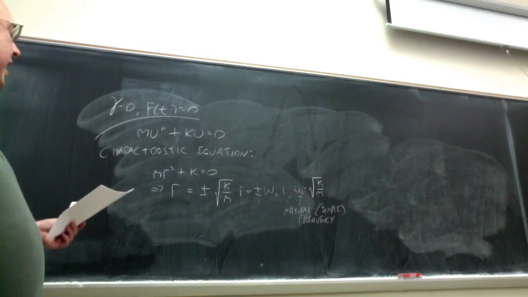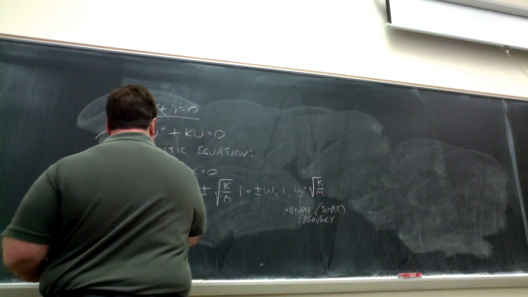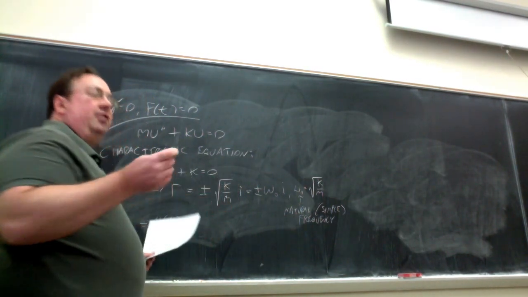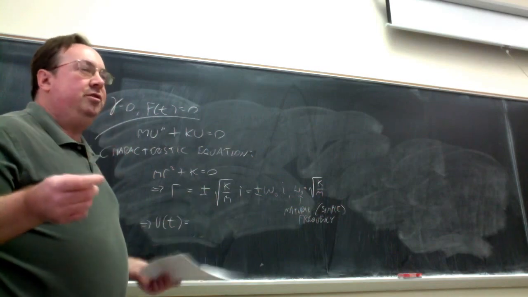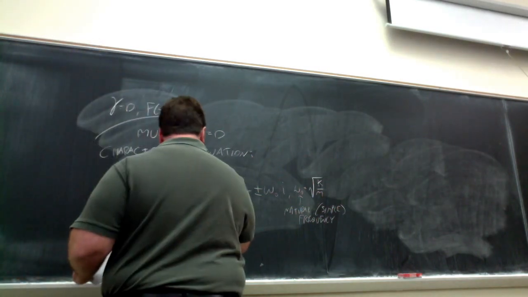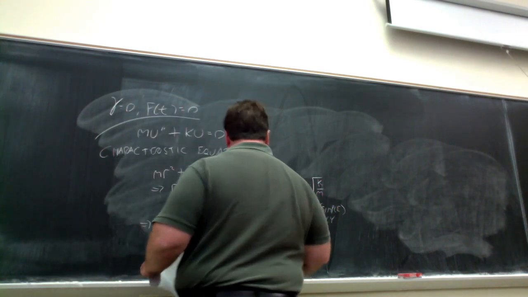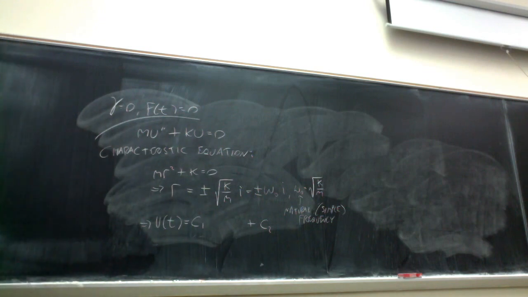Now, when you have these kind of complex roots, we want a general solution. Like in all cases, regardless of what your roots are, you can have a constant times one solution plus another constant times another solution. So what kind of solutions do we have when we have roots like this that are purely imaginary? What kind of functions do we have? Sine and cosine.